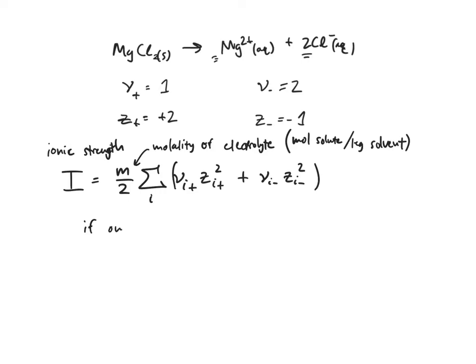But most of the time, only one electrolyte species is present. So like HCl or MgCl2. Then in that case, our ionic strength is the molality of that solution divided by 2. And then the summation goes away. We just get the positive stoichiometric coefficient, the positive charge squared, negative stoichiometric coefficient, negative charge squared, like so.